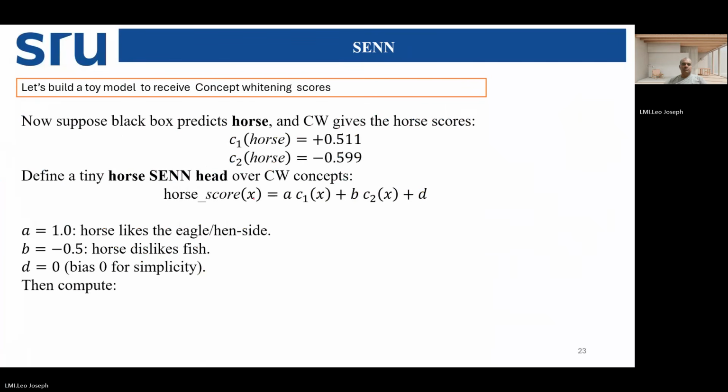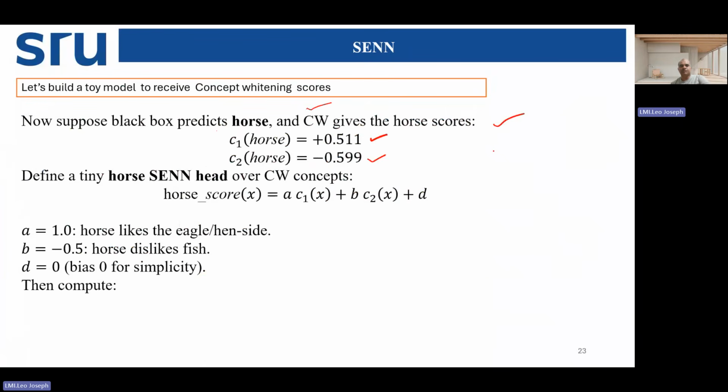Now, I am introducing a new concept called the horse model. Now, what happens with horse? If I give horse, then should everything be retrained? That is the question. No. We are just calculating the concept whitening scores for horse. Suppose for horse, using the same concept, I am getting the values 0.511 and minus 0.599, for example.